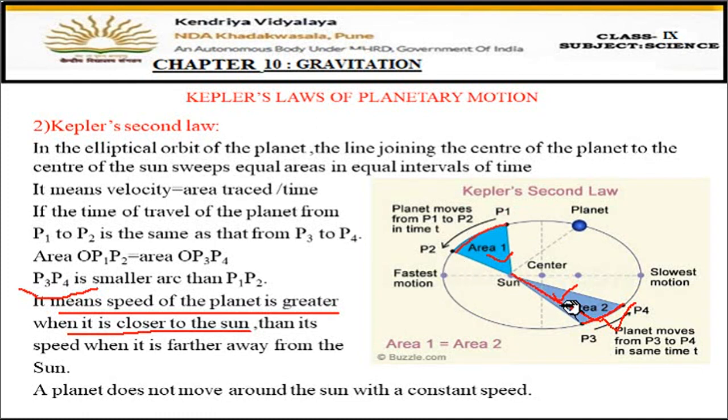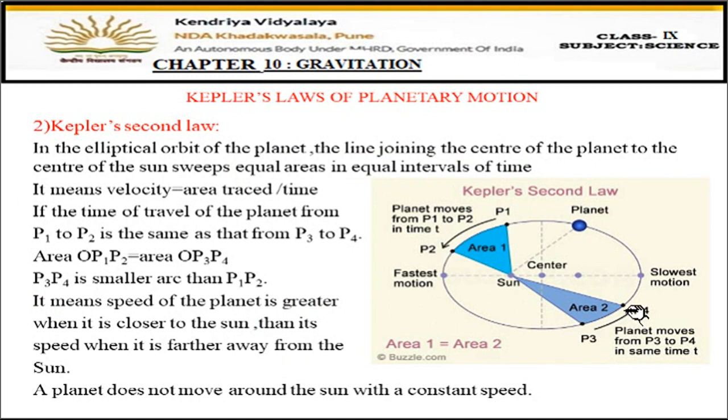When the planet is farther from the sun, its speed is less and it covers only this much arc, and this is the reason why area 1 is equal to area 2. That means equal areas are covered in equal intervals of time by the planets. So this is the example, where we considered P1 to P2 and P3 to P4.